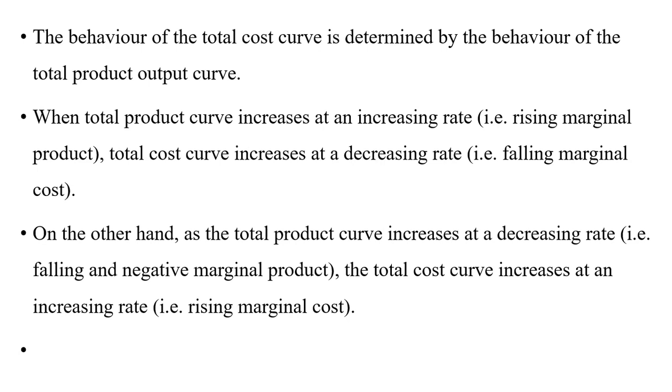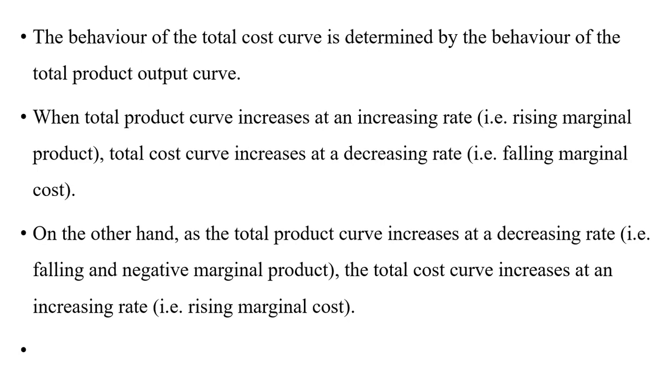The behavior of the total cost curve is determined by the behavior of the total product curve. As I said earlier, it is just a mirror image of the total output curve. So when the total product curve increases at an increasing rate, the total cost curve increases at a decreasing rate, as I said earlier.